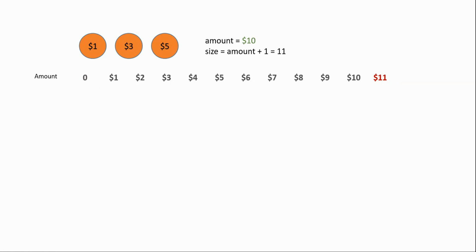Because that's the amount that you need to get to. So the idea here being, since we need to solve the problem for the given amount, let's solve it for each smaller amount and then keep building on top of it.